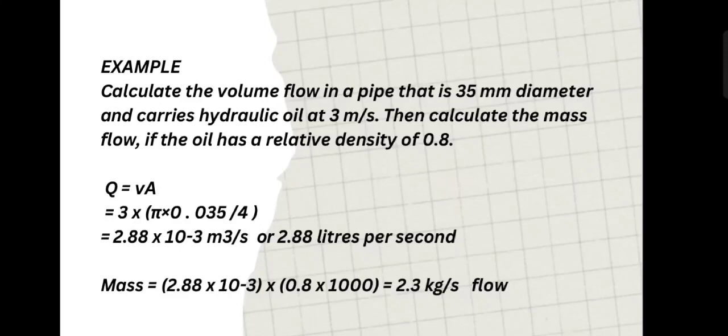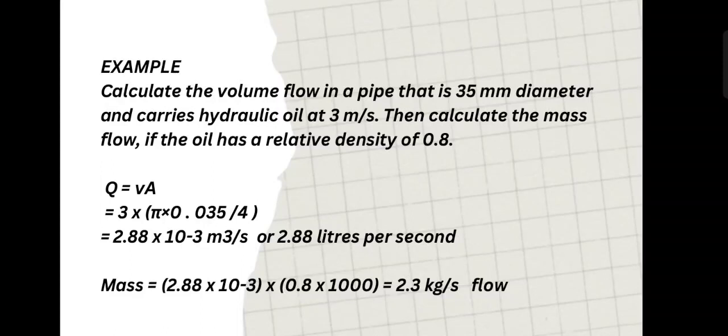In order to get the volume flow, we substitute the values: we have 3 as the velocity, then we have an area from the 35 mm diameter. So we get 2.88 liters per second. Since we already solved the volume flow, we are going to solve the mass flow.